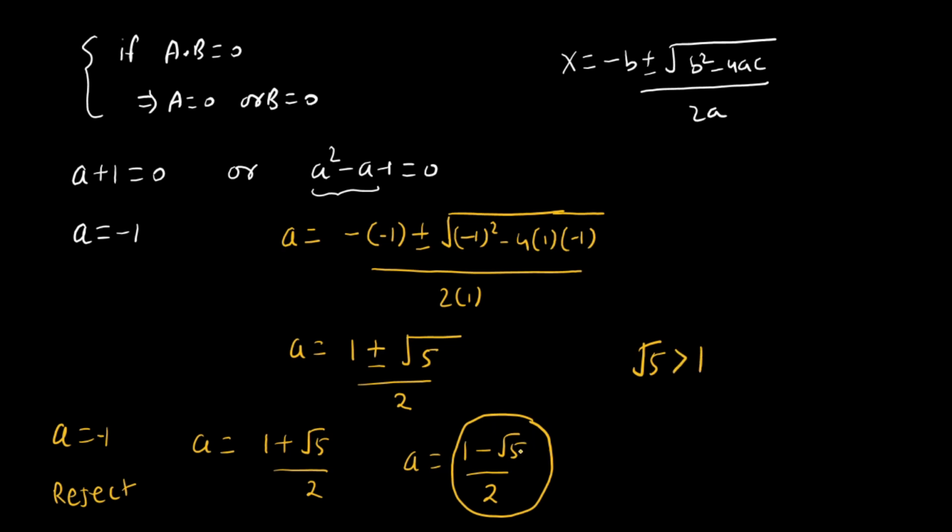If √5 is greater than 1, then the numerator is negative, and if the numerator is negative, then the whole expression is negative because the denominator is positive. So this value is also negative, so this is also rejected.